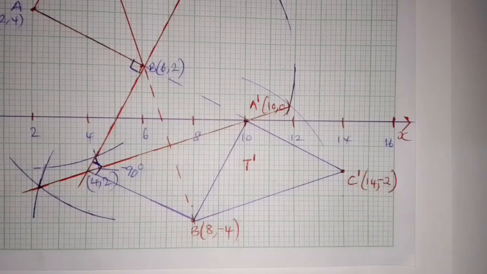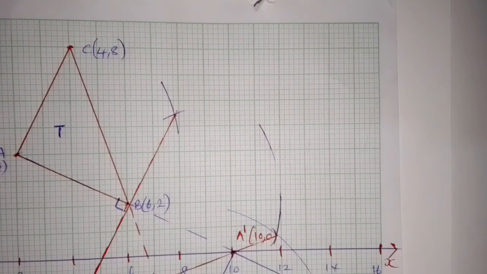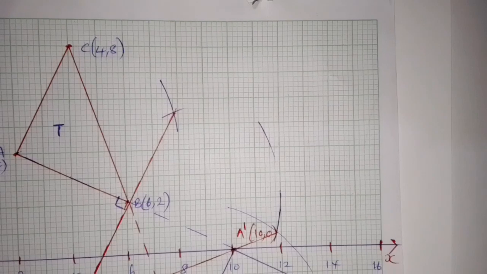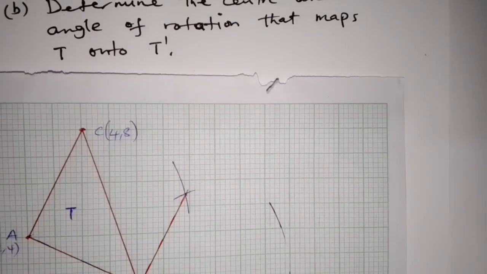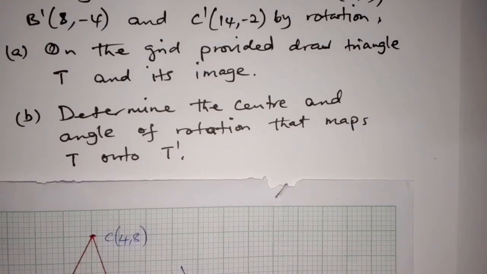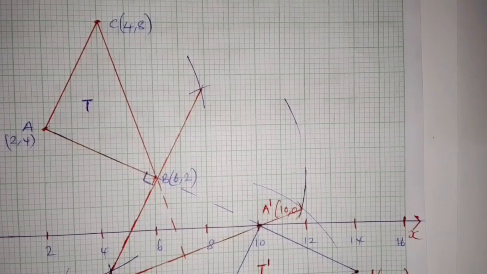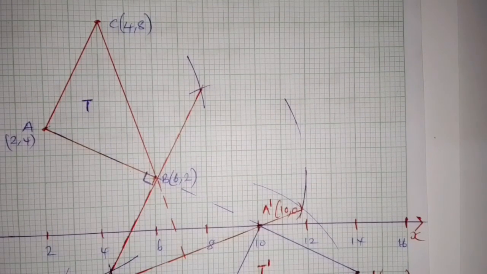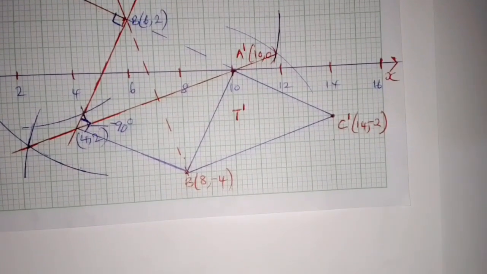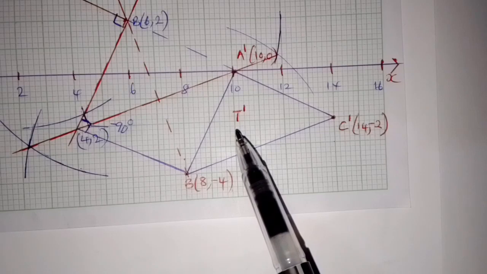So now we are told in part A, on the grid provided, draw triangle T and its image. So our triangle T is this one here, and the image of triangle T, that is T prime, is this one here.